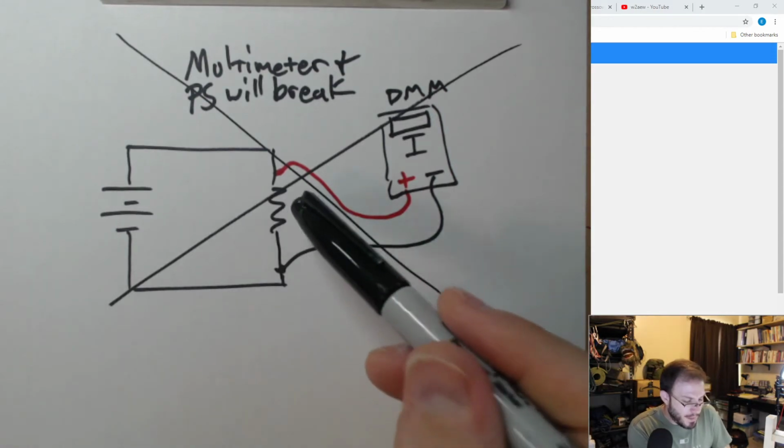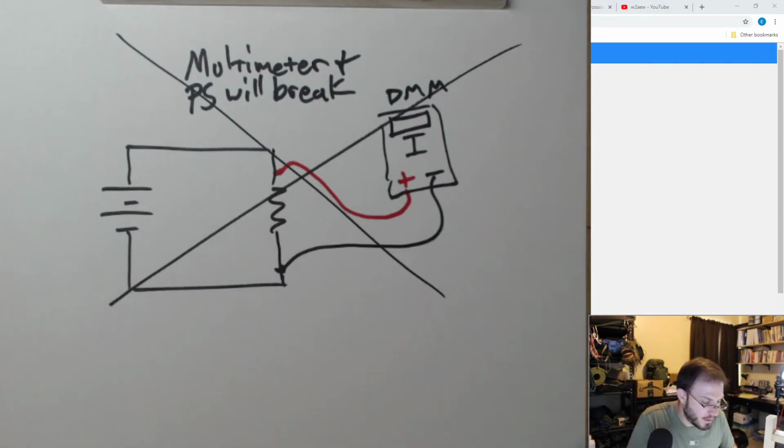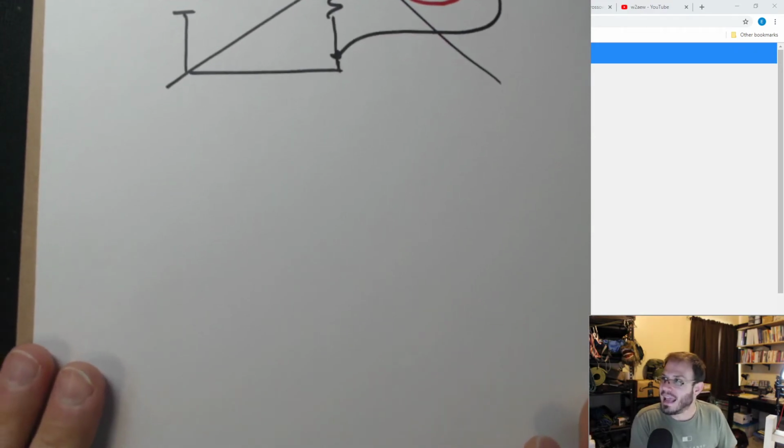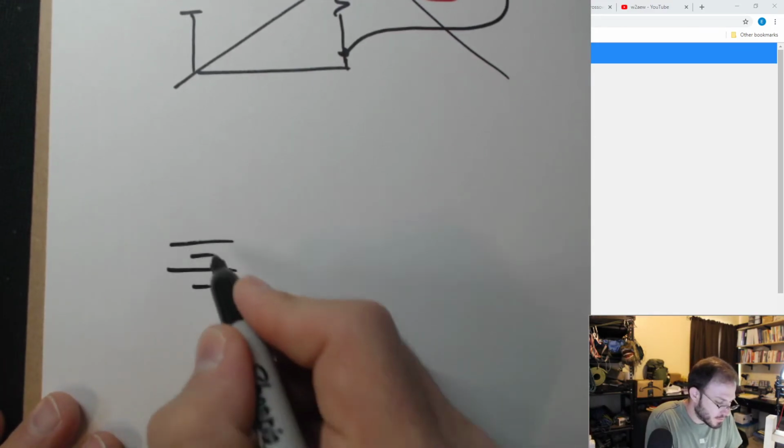Okay, if I want to measure the current going through this component, let's make it a more complicated circuit.